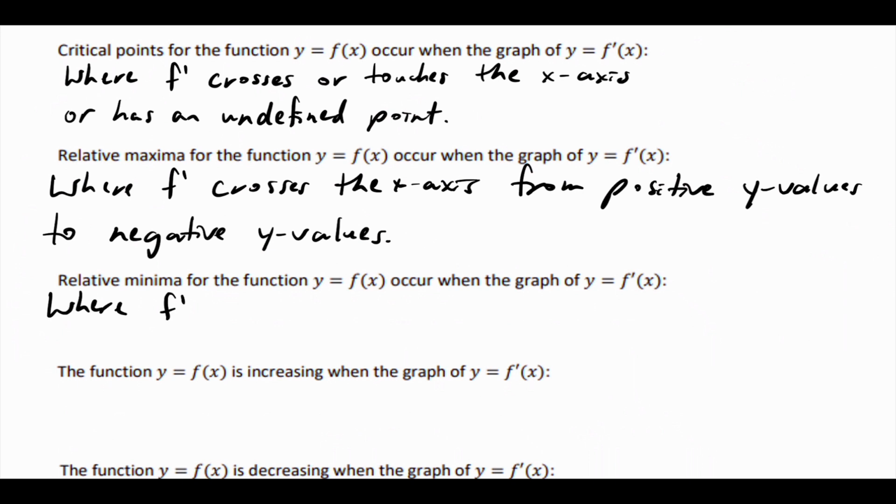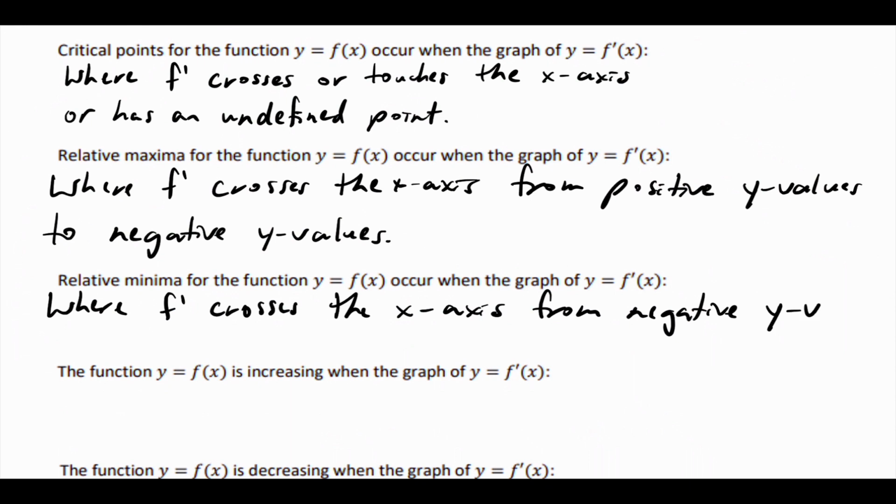Where f prime crosses the x-axis from negative y values to positive y values. So this one comes from the bottom, comes up and crosses.